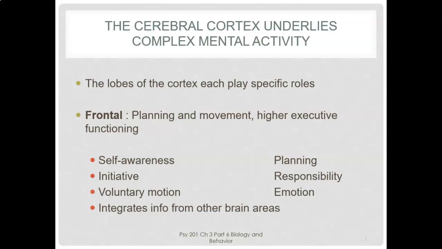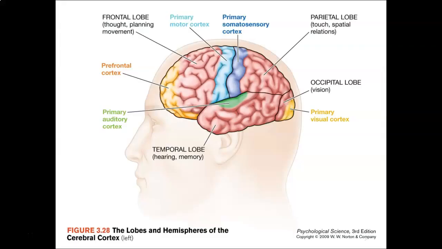It's also responsible for our understanding of rewards and consequences. The frontal lobe also integrates info from other parts of the brain. It's the puzzle solver. I talked about how the parts of the limbic system have to send information to the frontal lobe so that the puzzle of a memory can be solved. So we've got the frontal lobe right here.